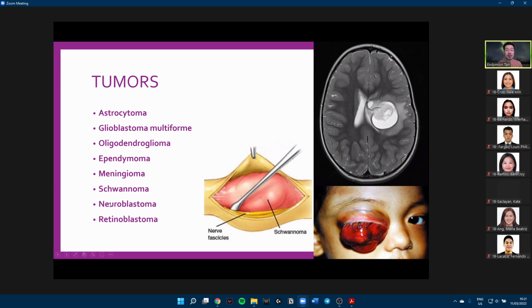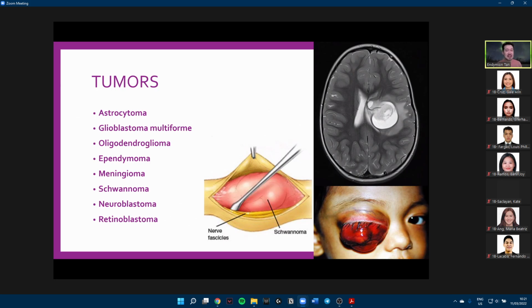As compared to your neurons, like your neuroblastoma, retinoblastoma, hindi siya ganun ka-common because your neurons are said to be post-mitotic cells. They are already terminally differentiated. Meaning to say, they cannot undergo mitosis further. Andun na siya. Terminally differentiated, post-mitotic, so mas rarer siya.